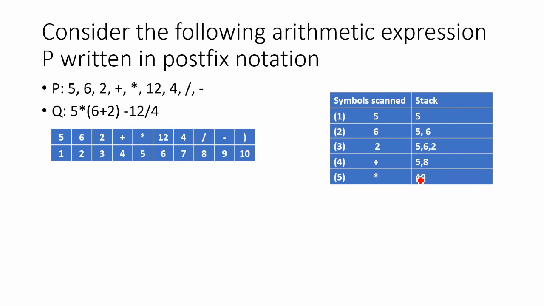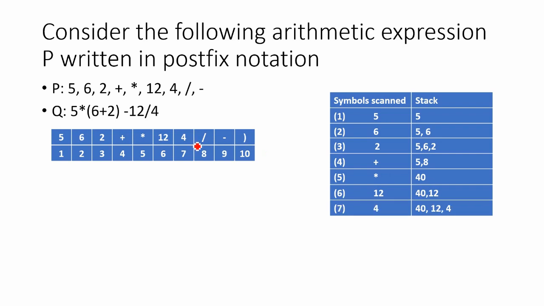Then what we have is 12. 12 is an operand that is pushed onto the stack. So now 40 comma 12. Then we also have the 4. 4 is also an operand that is pushed onto the stack. We have pushed it onto the stack over here.